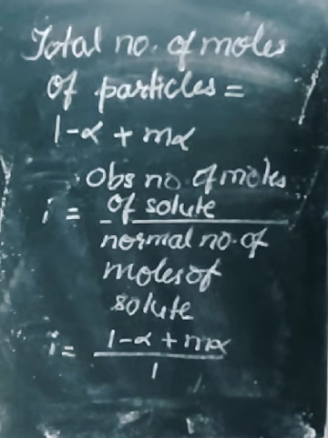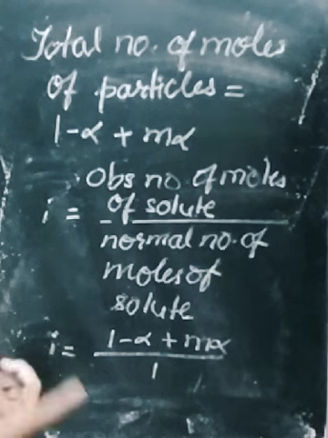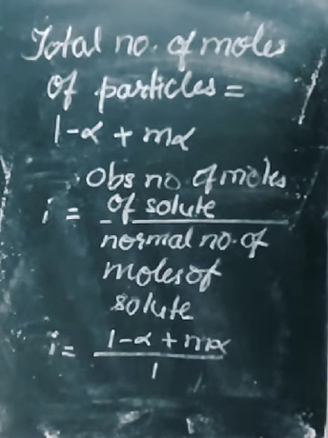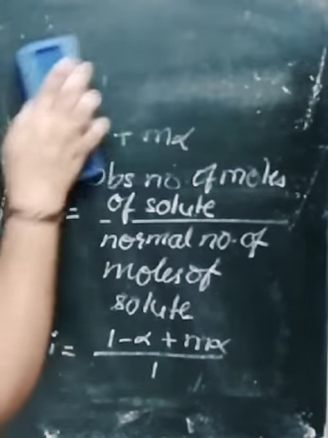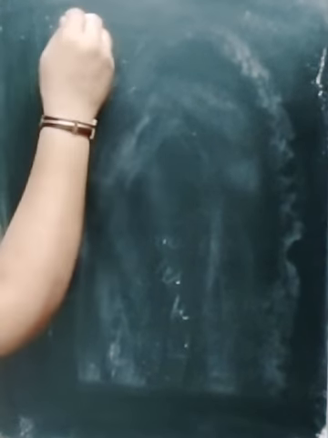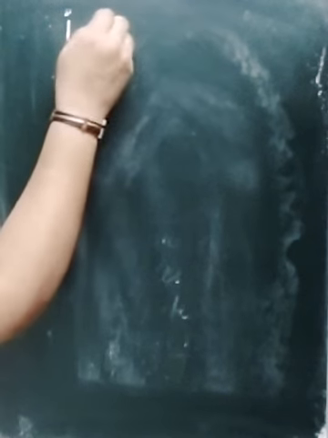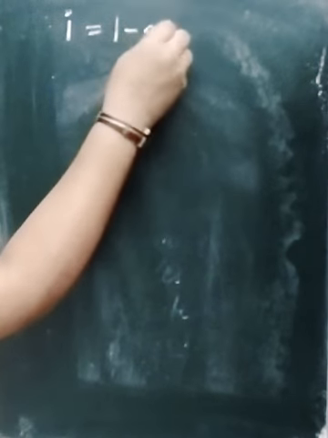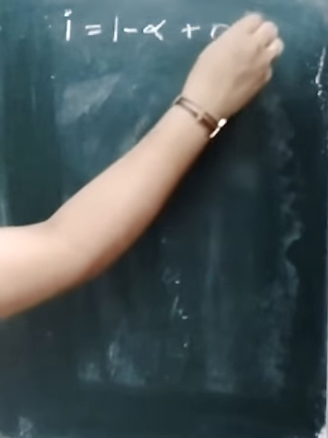Now further, i equals 1 minus alpha plus m alpha.